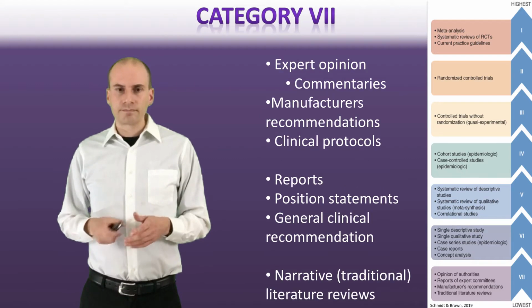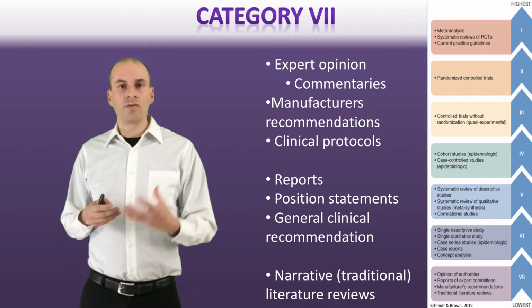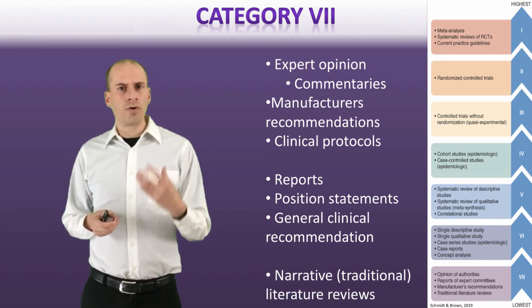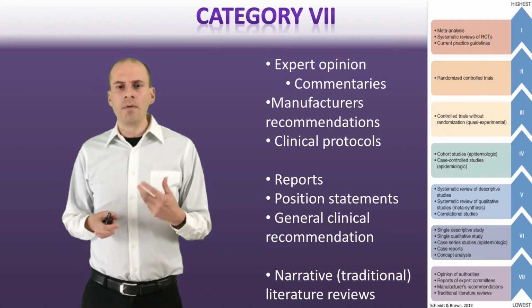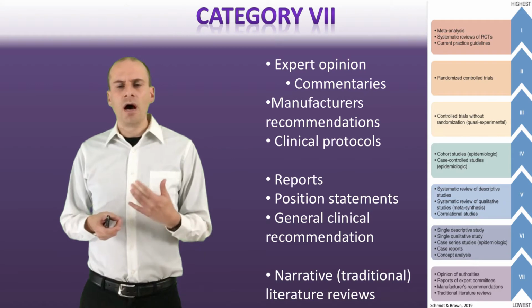All right. So when we're looking at these categories in the ranking that we talked about here, there is that sort of lower ranked category that has a range of different types of information.